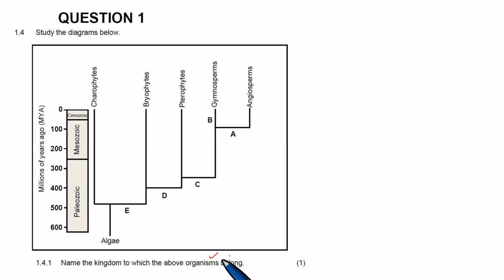Obviously, we have mentioned the gymnosperms, the angiosperms, the pterophytes, the bryophytes, the charophytes, etc. And we looked at the fact that we have millions of years ago, the MYA, the Paleozoic, the Mesozoic, and the Cenozoic. So the above organisms actually belong to one kingdom, and for 1.4.1, this would be the answer.